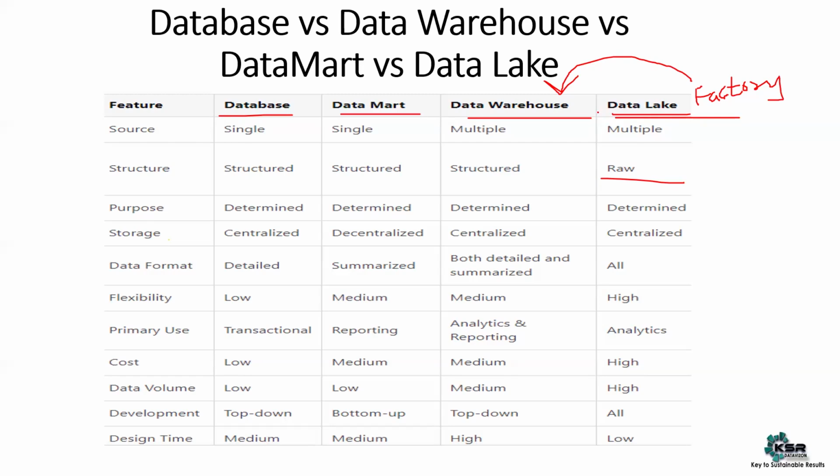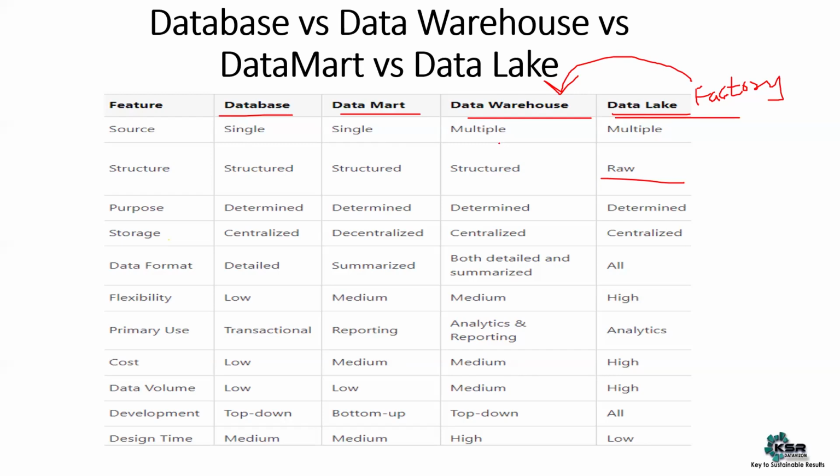So that godown is nothing but your data warehouse. In that godown, every product is segregated. Segregation of information is very, very important. Every product is segregated in different racks. So in a food godown, there are multiple different segregated racks.